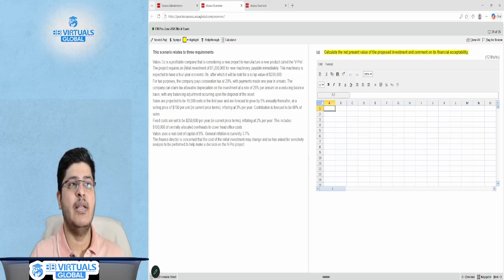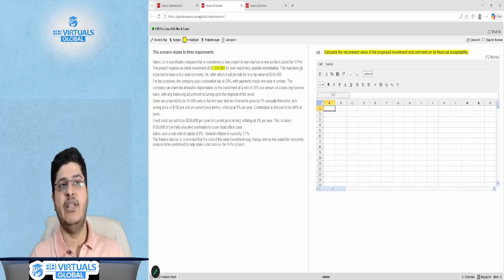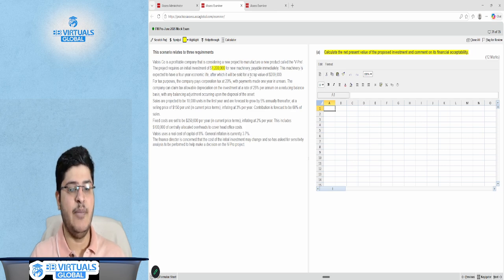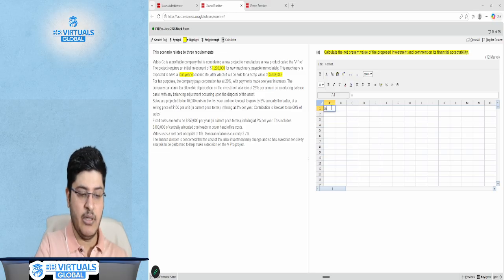The project requires an initial investment of 120,000 for new machinery, and this is payable immediately. So this is the year zero initial investment. This machinery is expected to have a 4-year economic life, after which it will be sold for a scrap value of 200,000. The best suggestion would be that you keep writing all of these in your spreadsheet as well so that you don't have to read the question again and again.